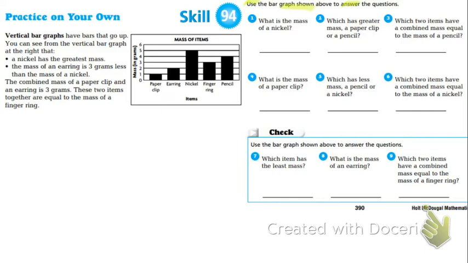And when putting your answers, let's say, for example, number 1, what is the mass of a nickel? They're not asking you for the object. They're just asking you for the numerical value. Just put the number. Please do not put the units, because if we put the units, it's going to be marked wrong if one of you uppercases it, lowercases it, puts a space, or doesn't put a space. So just to avoid all that, I'd like for y'all to just put the numerical value, okay? Please. Thank you.